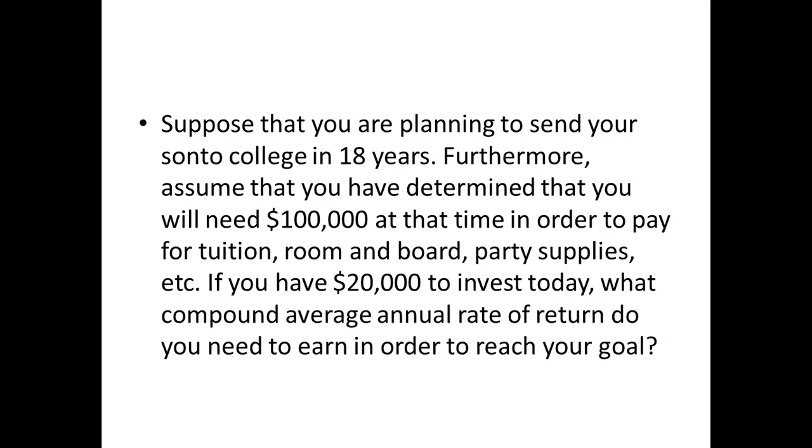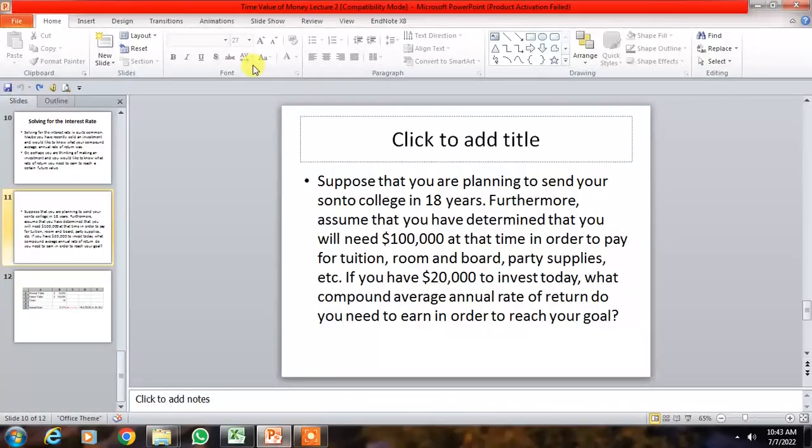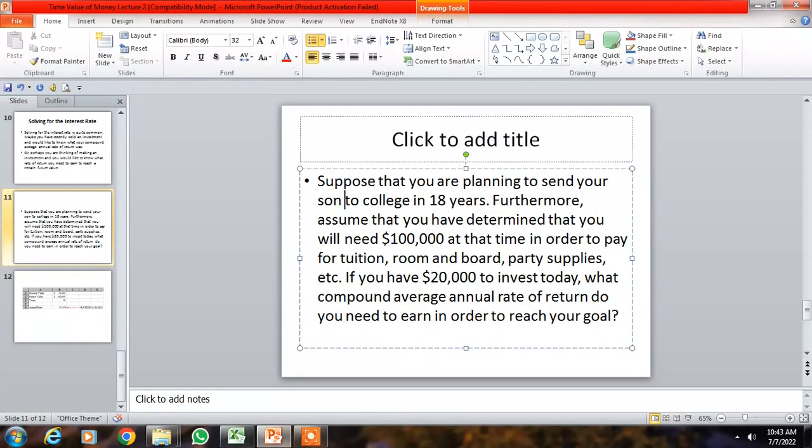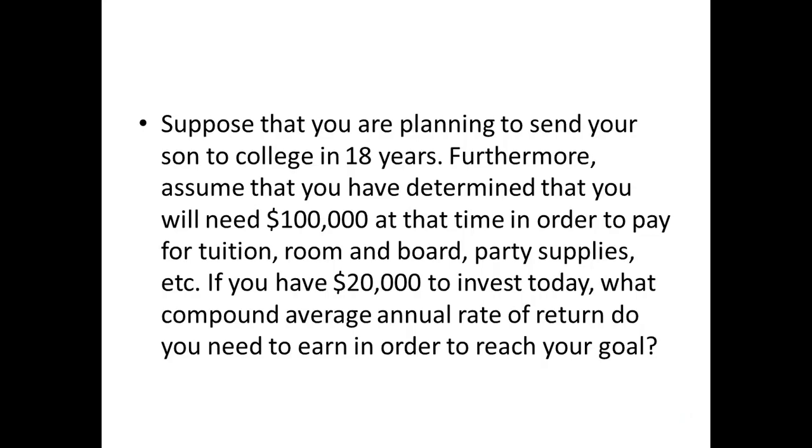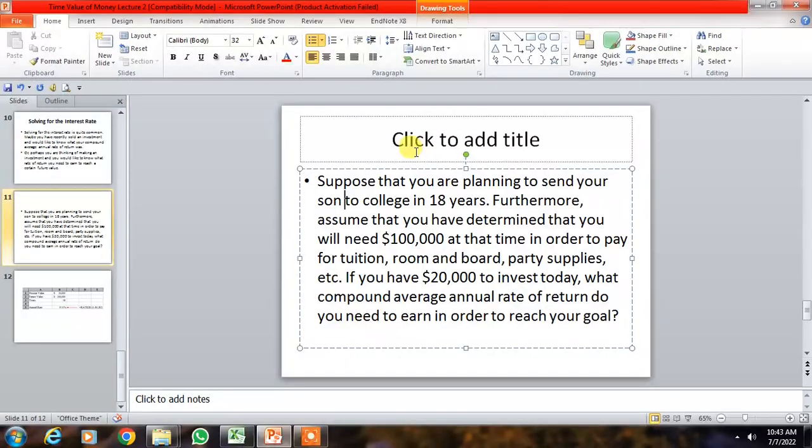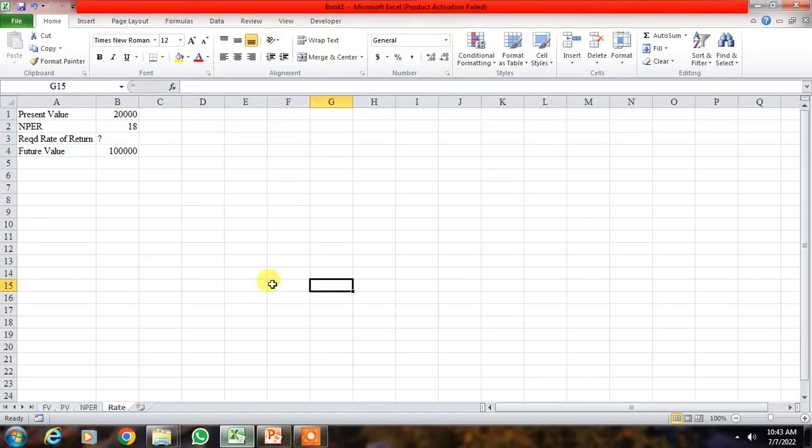Furthermore, assume that you have determined that you will need 100,000 at that time in order to pay for tuition, room, etc. If you have 20,000 to invest today, it is asking that if you are investing 20,000 today and your target is 100,000 in the future in 18 years, what should be your required rate of return to reach this target? I have already entered the data.